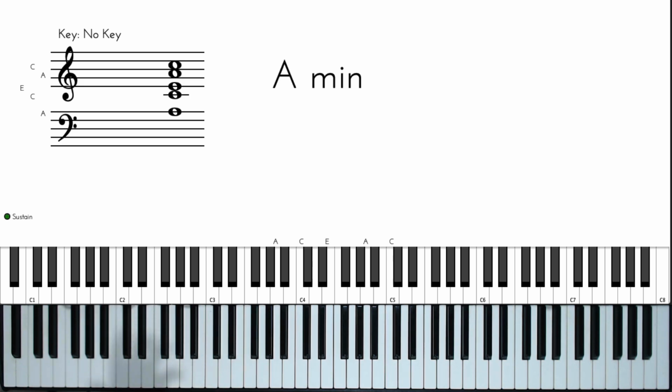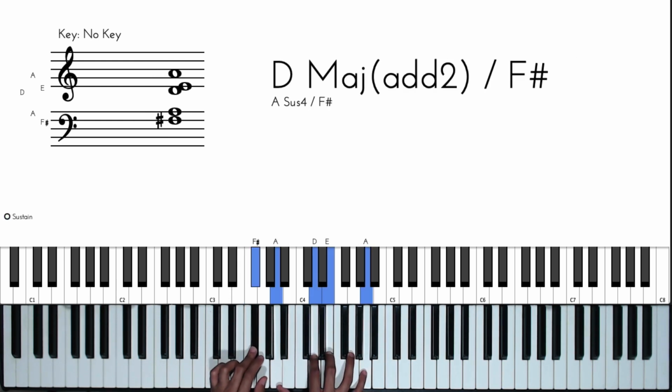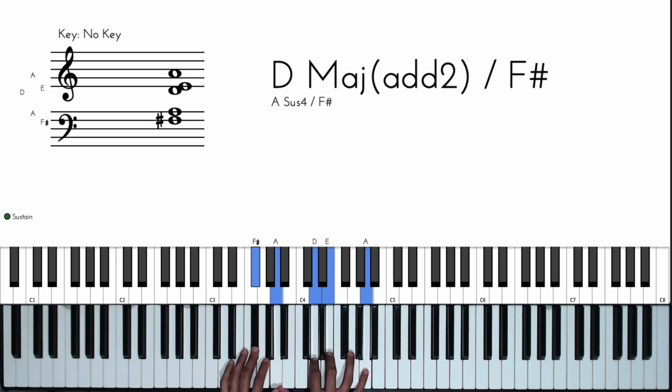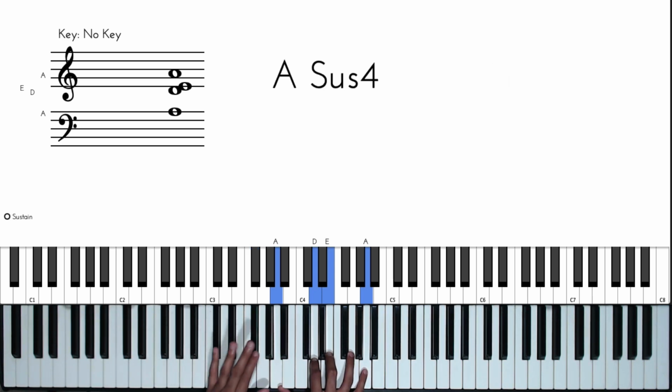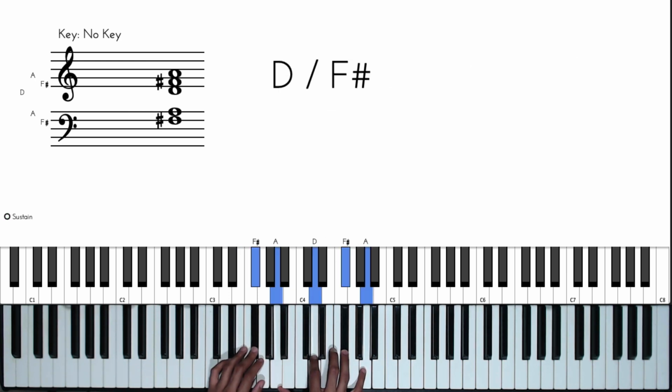Now there are some variations to this same passing chord, right? We can go major, then instead of playing a half diminished, we can actually voice it as a 2, in this case D major over F sharp. So something like that.